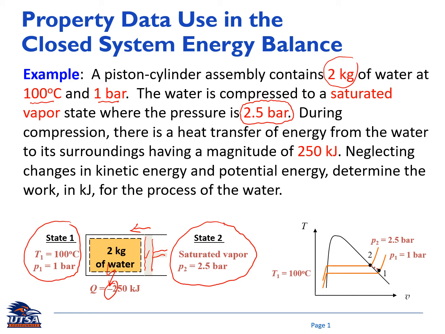starts at point 1, state number 1, and now you can go to table A2, where you can see the properties of the saturated state based on the temperature. Go to table A2 at 100 degrees C and check the corresponding saturated pressure there.